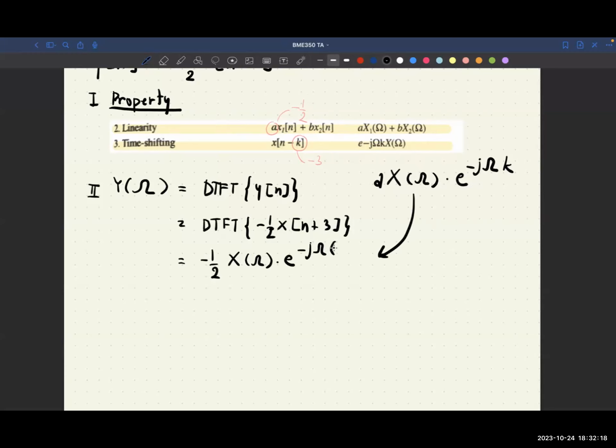Our k is -3. And if I put everything nicely together, we'll get -1/2 times e to the power of 3j omega times X(omega). And that would be our Y(omega).